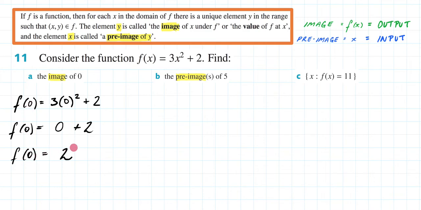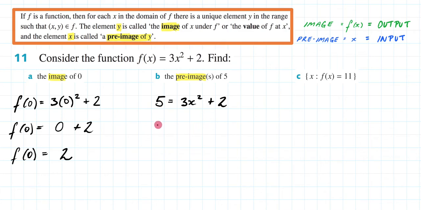Hopefully that makes sense. Next, I'm going to look at my pre-images of 5. So if I'm looking for my pre-images, I'm looking for my x, so I'm looking for what my input is going to be. So what my input is going to be when my output is 5. When my output is 5, what is my input going to be? What is x going to equal? So I'm going to do some rearranging now.